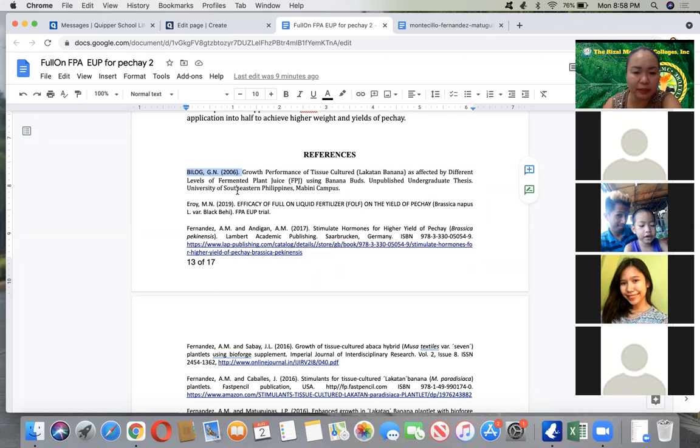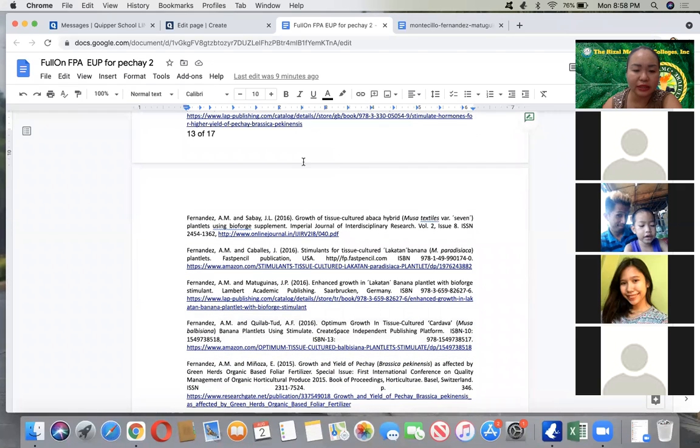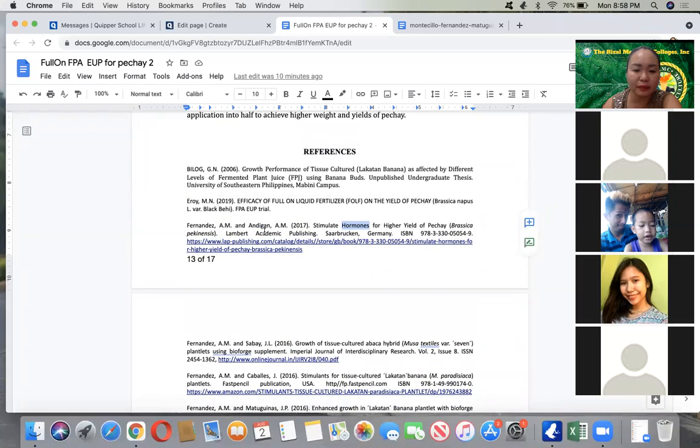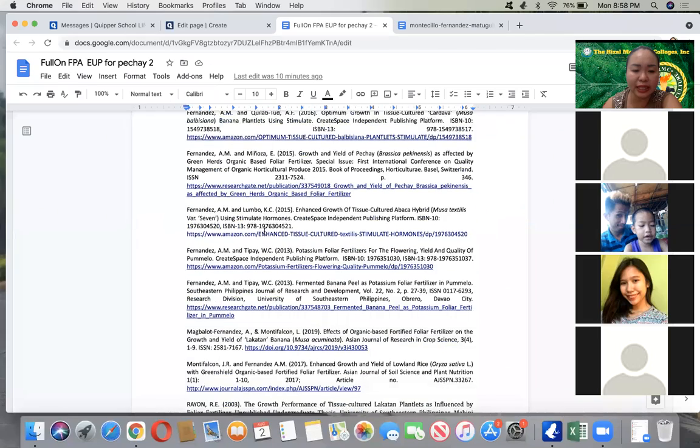So it should not be capitalized. And also this one is all capitalized, but this one should not be. So whatever format you started with should be consistent in the end.